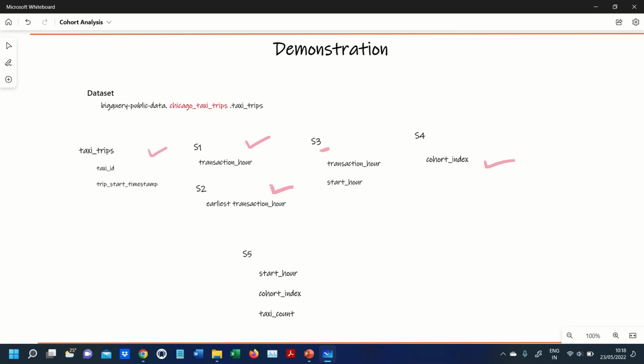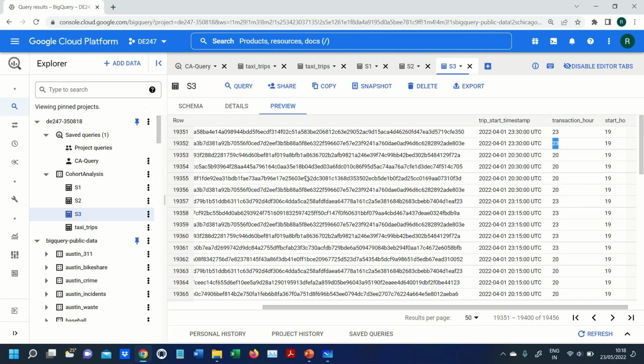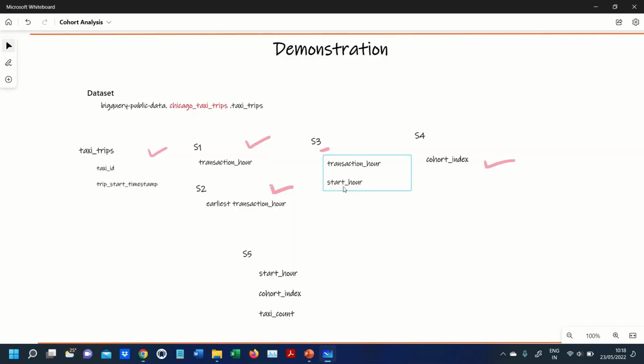For a taxi that has started at 5 p.m., 8 p.m. means 6, 7, 8, so cohort index 3. That means 5 p.m. plus 3 is 8 p.m. So cohort index means we need to represent this transaction hour in terms of the starting hour.